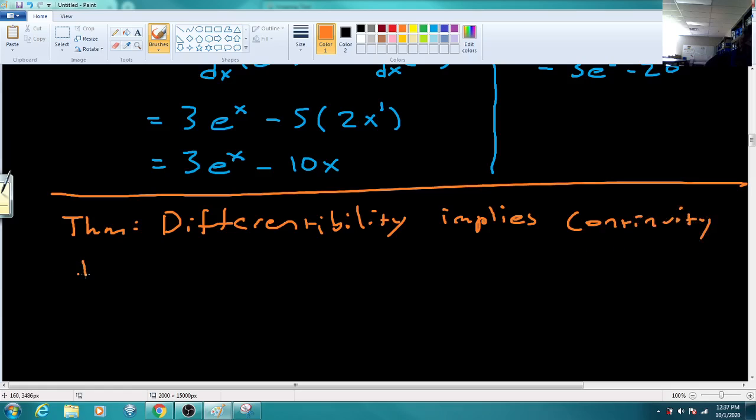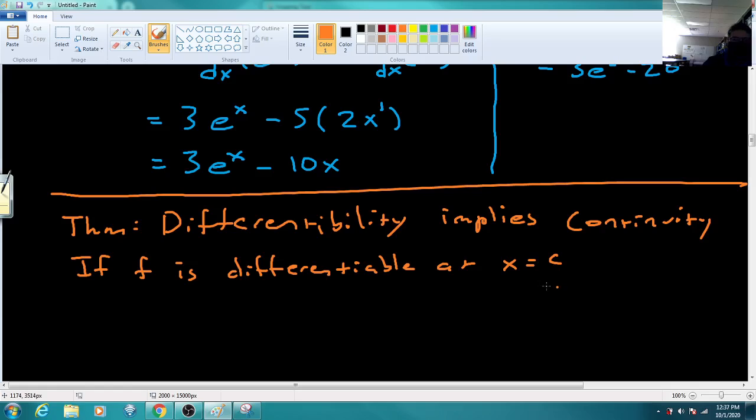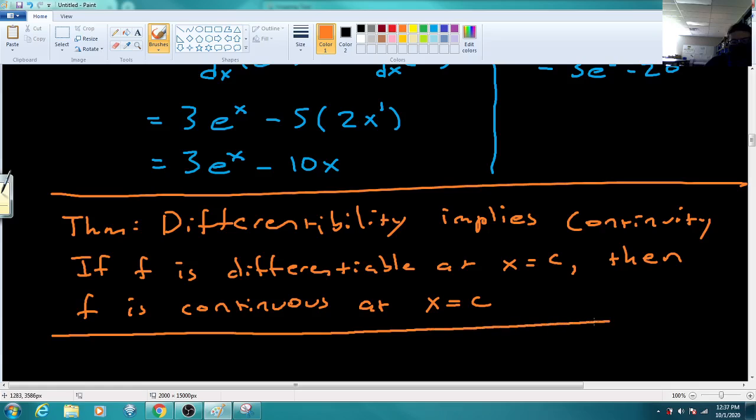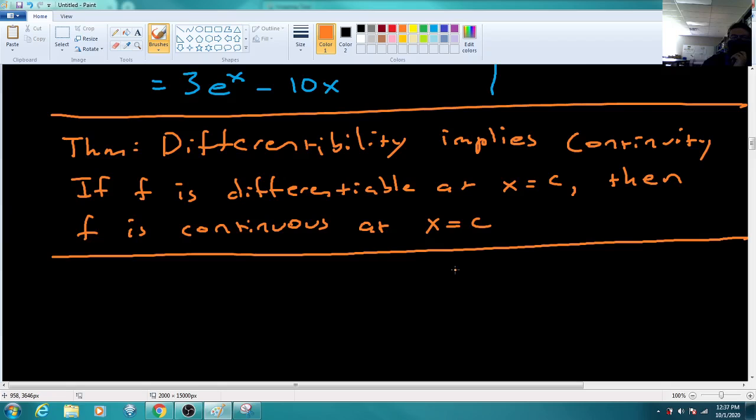What the theorem says is, if f is differentiable at x equals c, then f is continuous at x equals c.